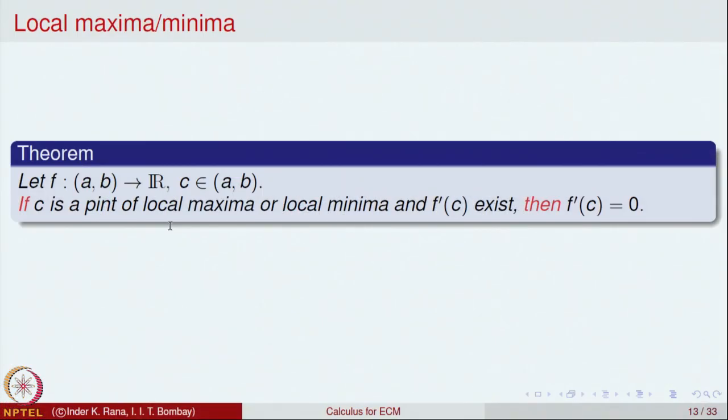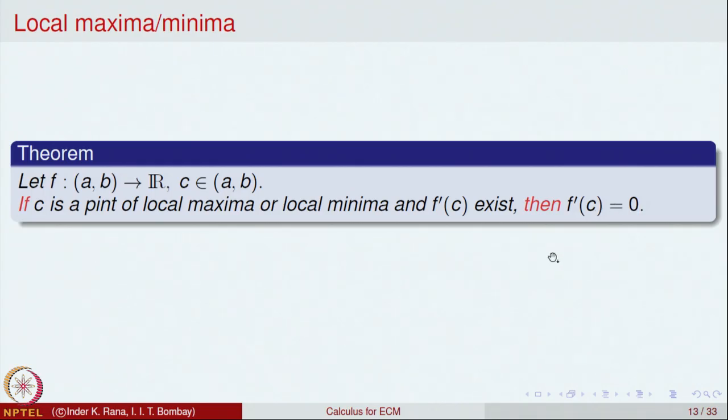Necessary in the sense that mathematically these are very important theorems which give you necessary conditions: if there is a point of local maximum or a local minimum and the derivative exists, then the derivative is equal to 0.